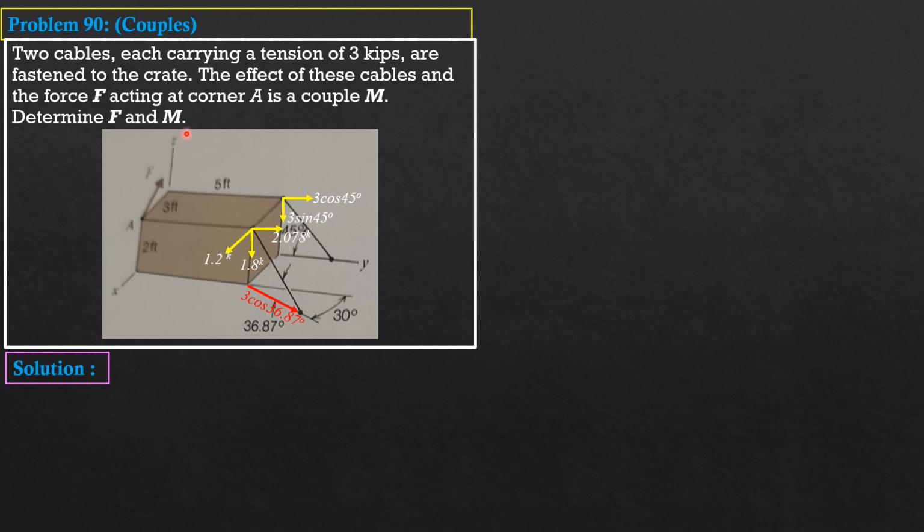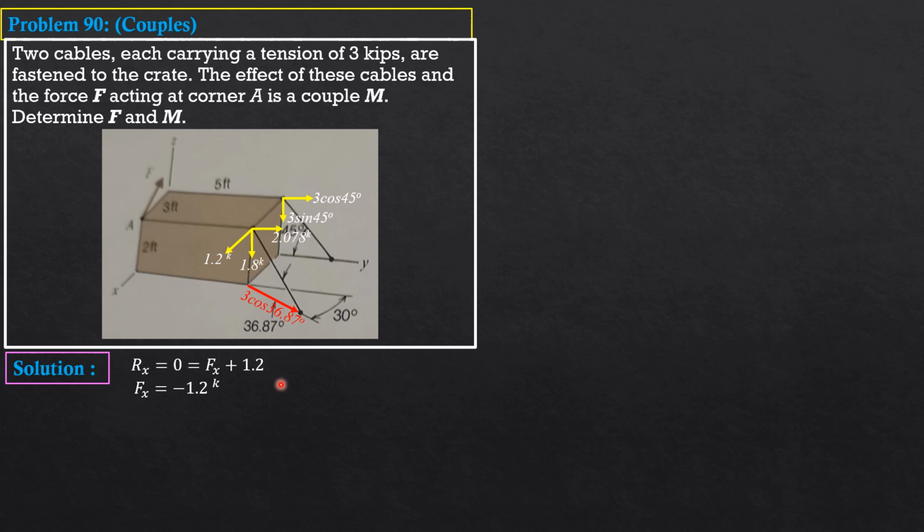So if the effect of the forces in the cable as well as F is purely a couple, that means Rx is 0 and it is equal to Fx plus 1.2. So Fx is negative 1.2 kips.